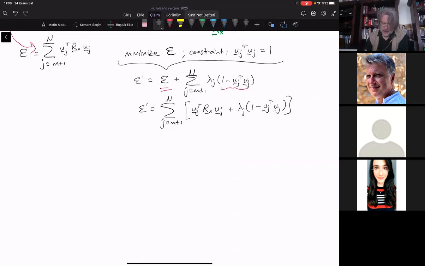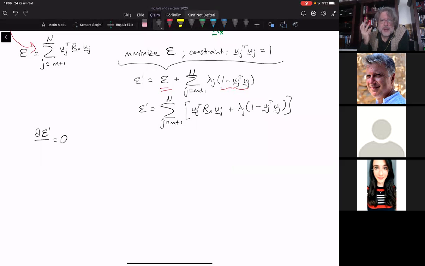And I want to take the derivative of epsilon prime with respect to what, and equate to 0. But what is the partial derivative with respect to? The respect-to part is the thing that you're trying to optimize.